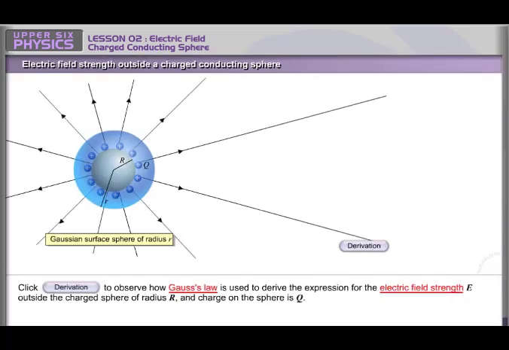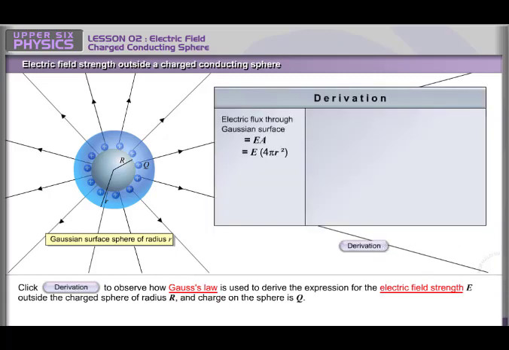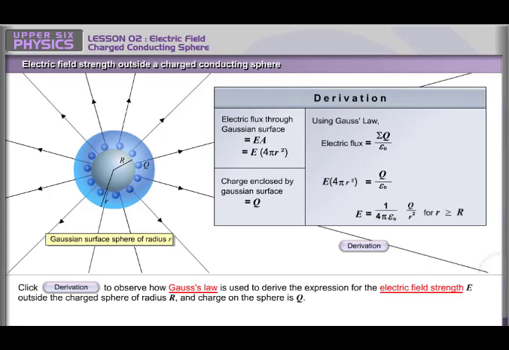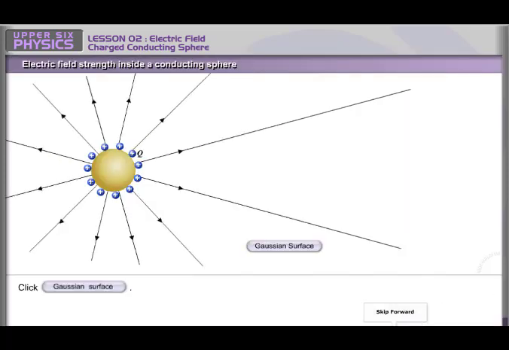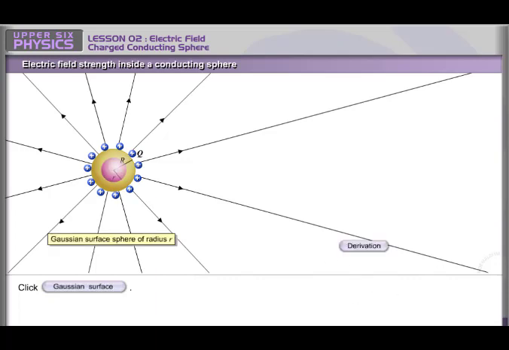Click the derivation button to observe how Gauss's law is used to derive the expression for the electric field strength E outside the charged sphere of radius r, where the charge on the sphere is Q. Click the Gaussian surface button. Now click the derivation button.